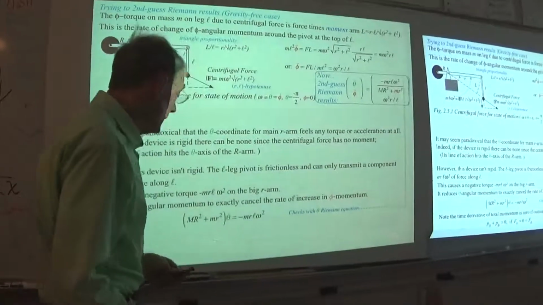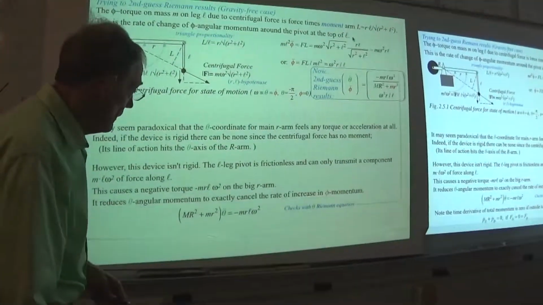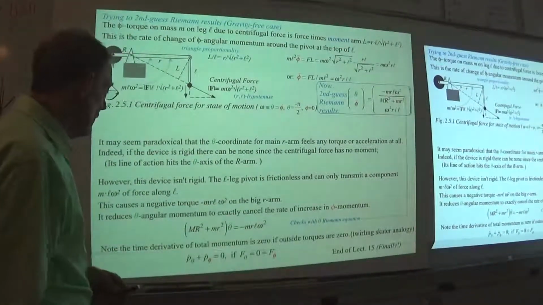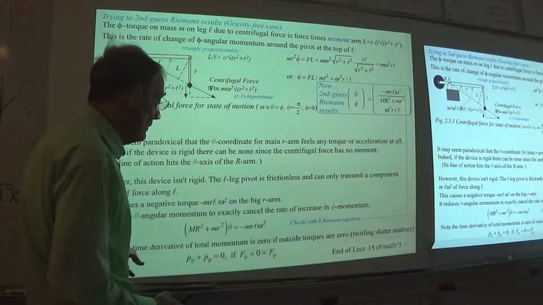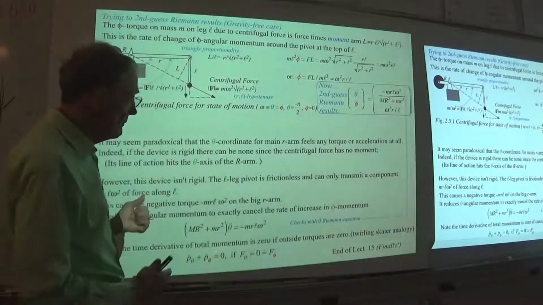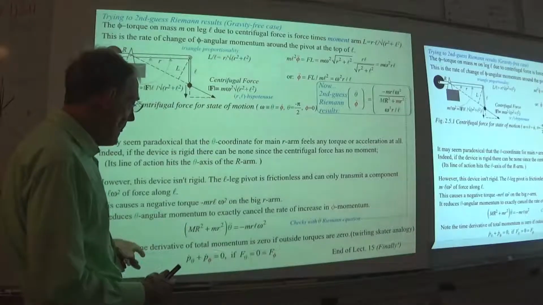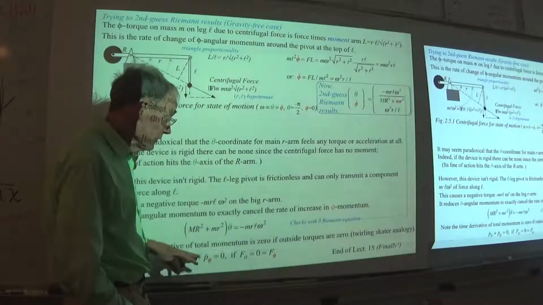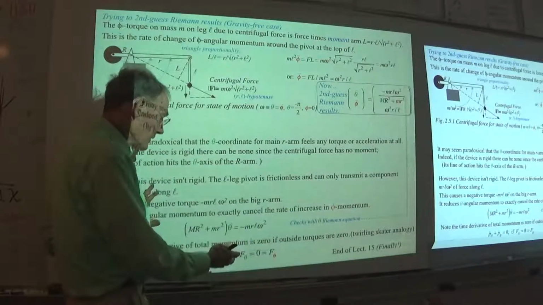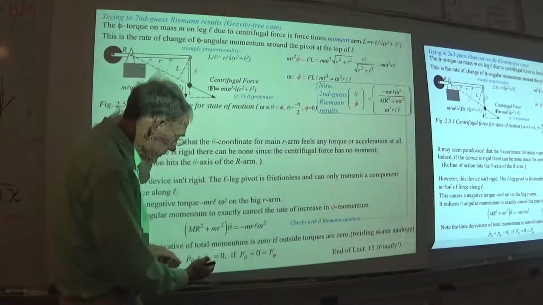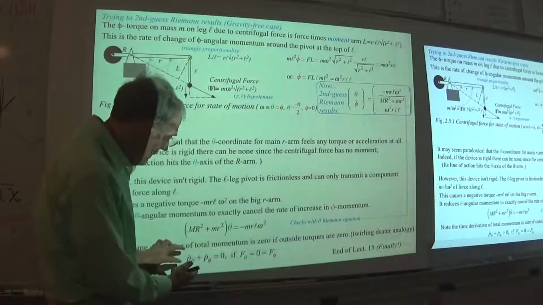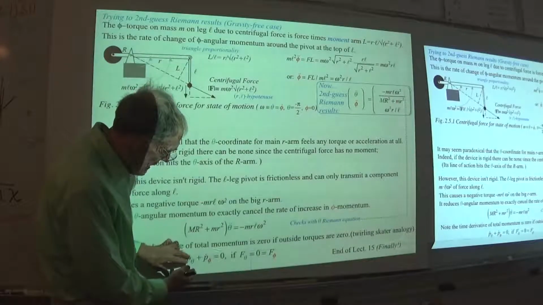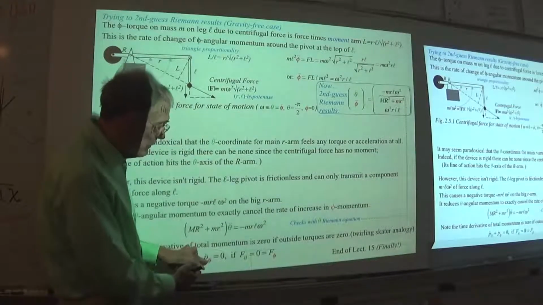Now, total momentum is present here, and here is something that's going to happen. We've given this thing some angular momentum. The time derivative of that is 0. The total thing is 0. And supposedly what's happening is the momentum is coming out of this one and going into that one.